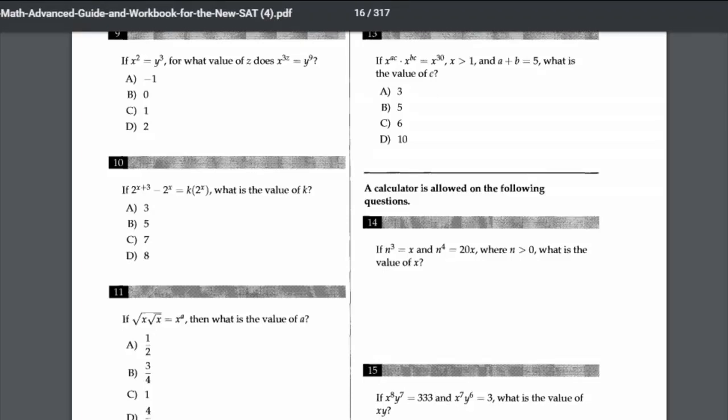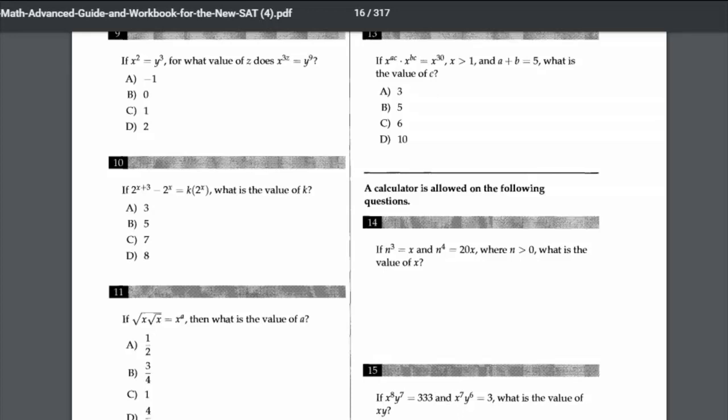So instead of y to the power of 3, I can put x squared to the power of 3. So it means x to the power of 2 times 3. As we said in the previous lesson, the power of the power is multiplied. We can find the product of them.